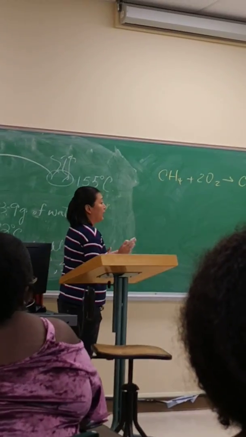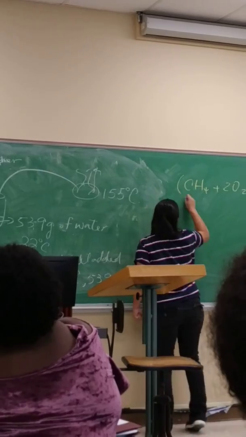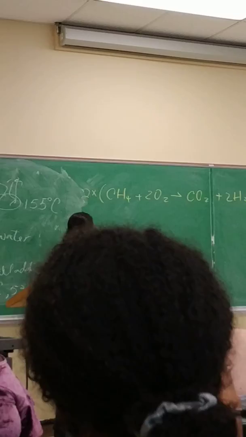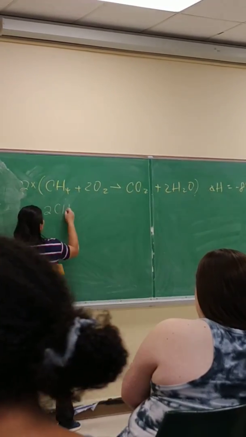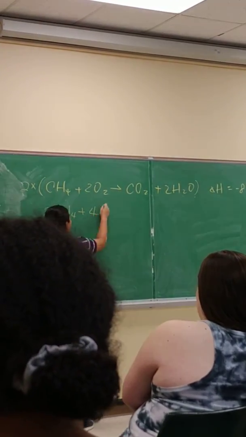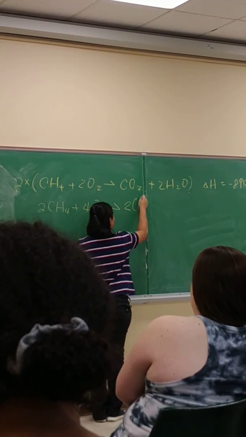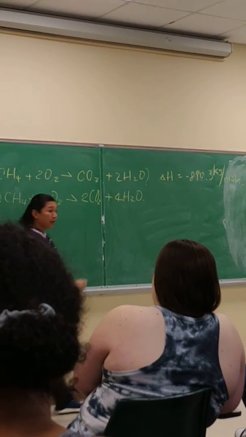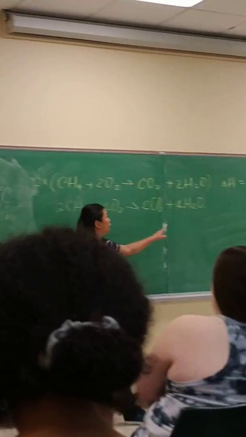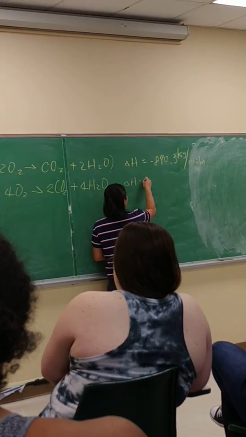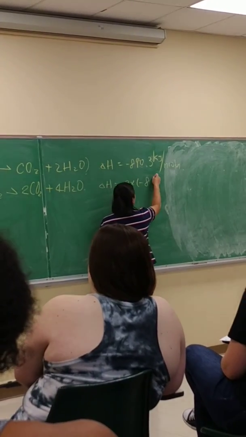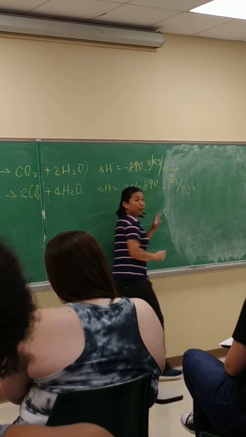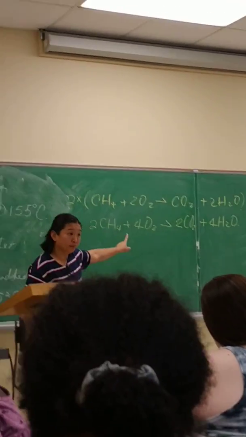But please keep in mind, if you multiply this reaction by 2, so you get 2 moles of this plus 4 moles of this, are we okay? Your change of the enthalpy will be doubled too.